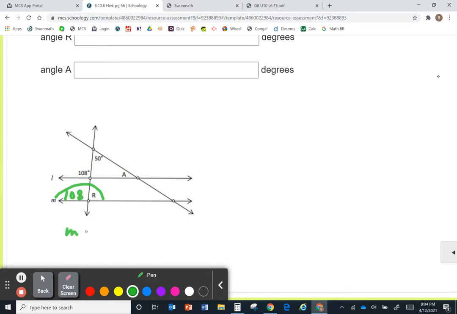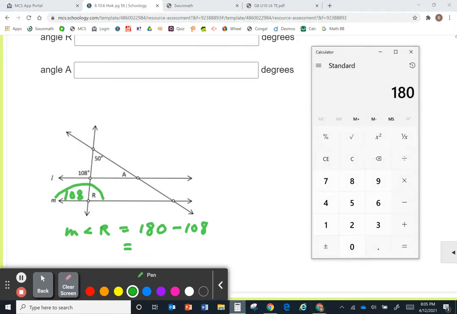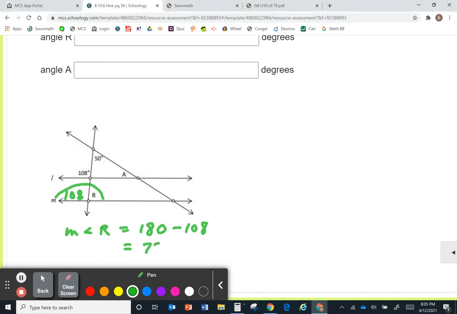The measure of angle R is going to equal 180 minus 108. What is that? That's 72, right? Didn't we just do that? Clear. 180 minus 108, 72. Okay, measure angle R, 72.